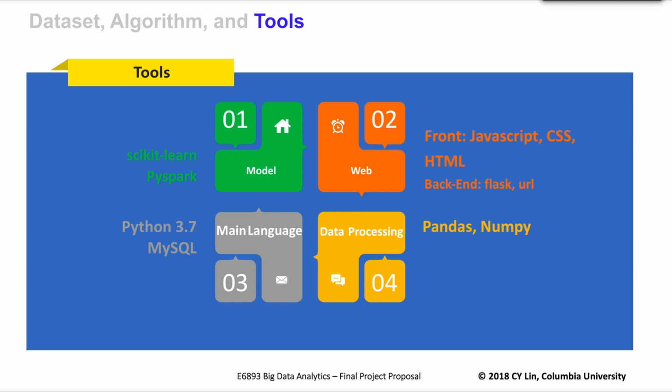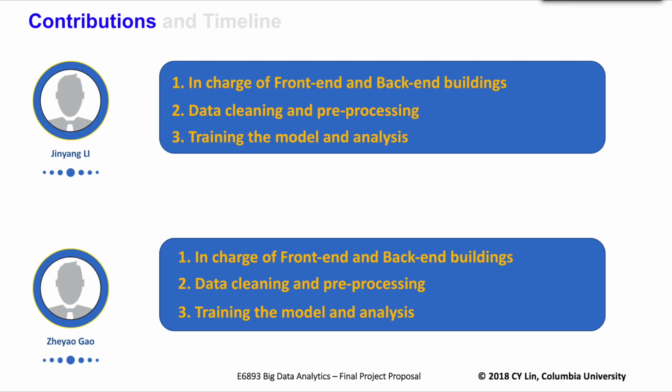And we also use JavaScript and HTML to build a web page, and we save our data to MySQL Workbench, and we use Python 3 to write API functions. And we also use pandas and NumPy to do some data cleaning and processing.